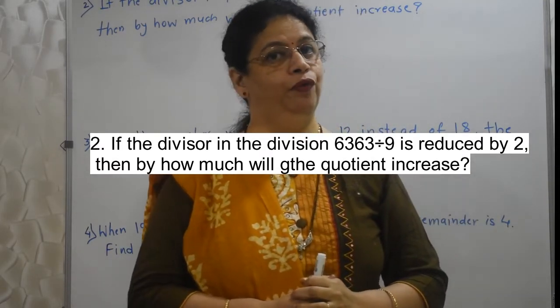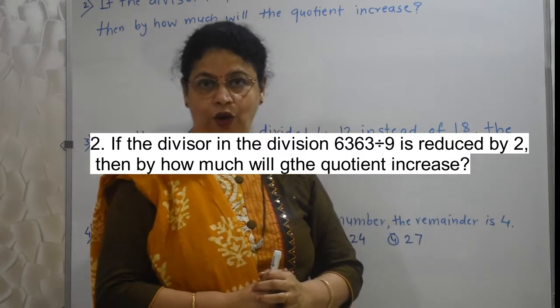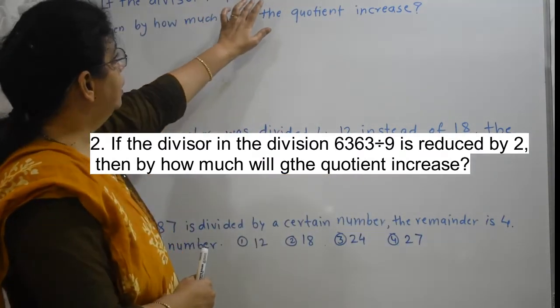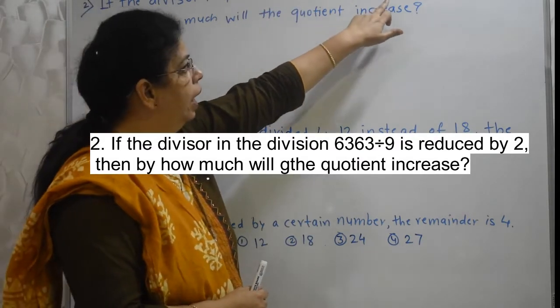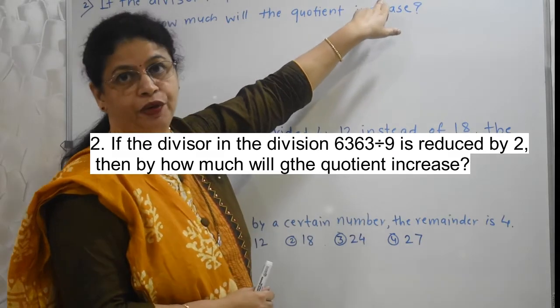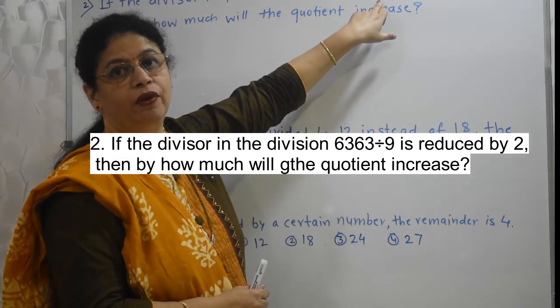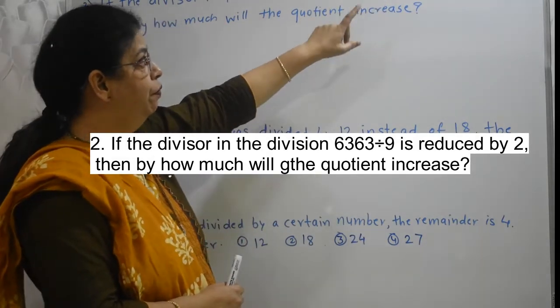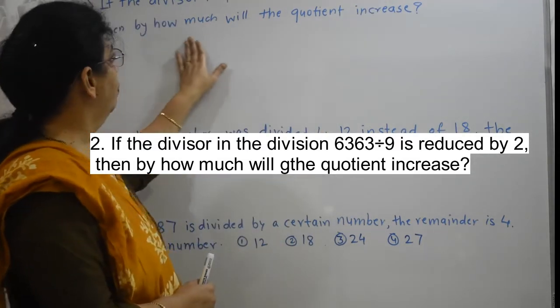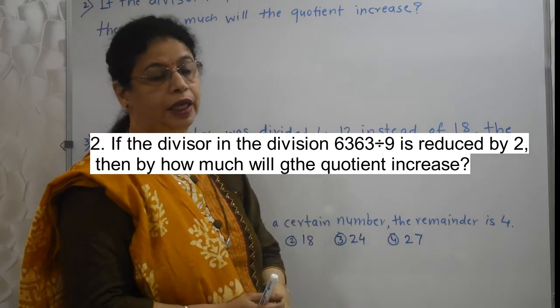So we cannot afford to ignore this question at all. What is the meaning of this? The divisor in the division is 9. It is reduced by 2, so 9 will become 7. If we change this 9 to 7, then by how much will the quotient increase?